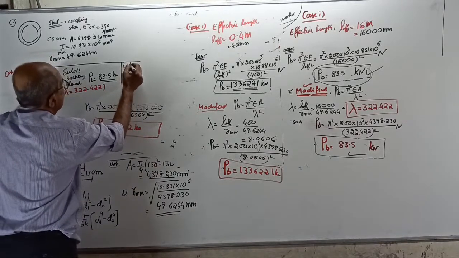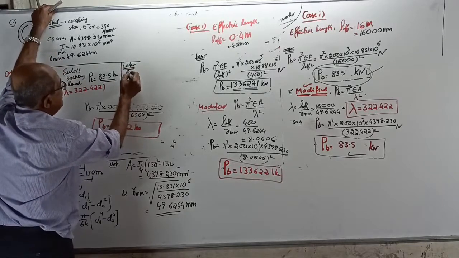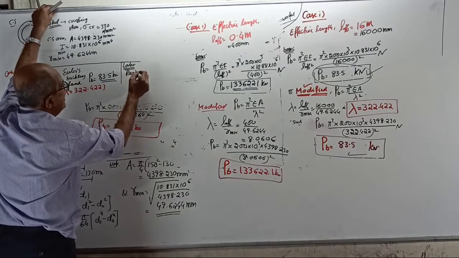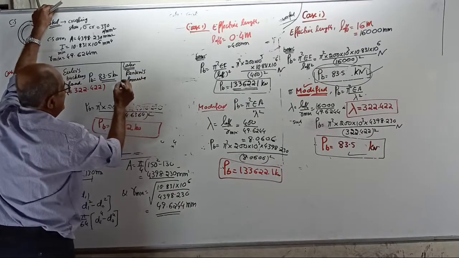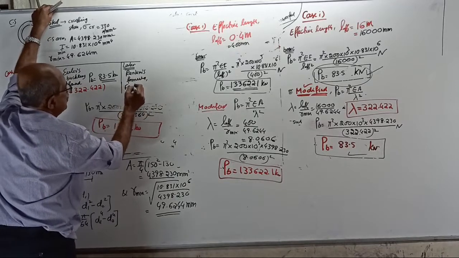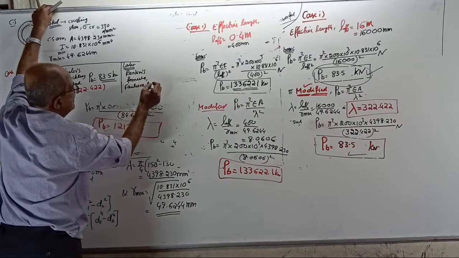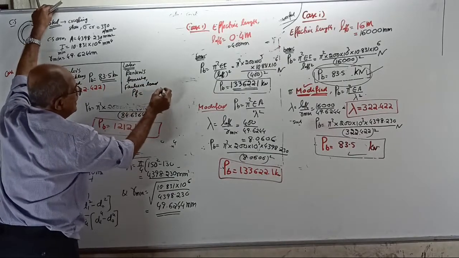Later, if I apply Rankine's formula, the failure load, my symbol is PF, will come right now.